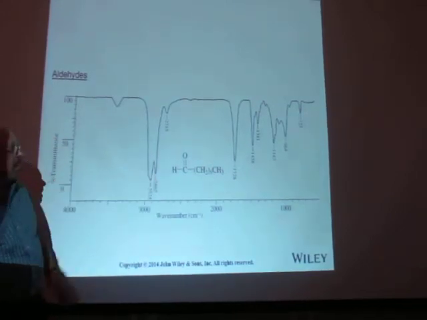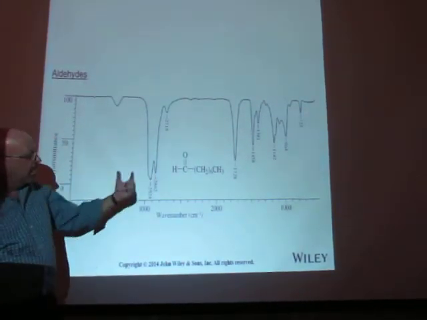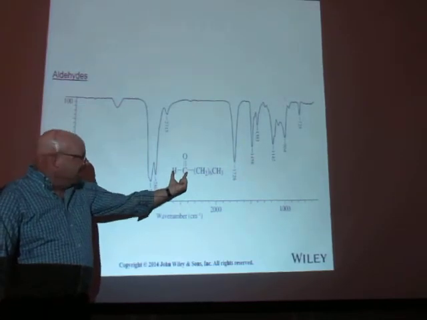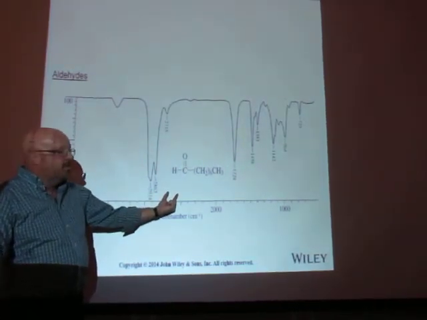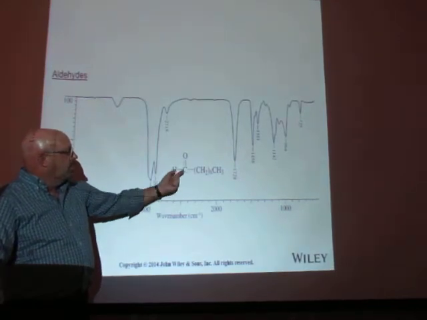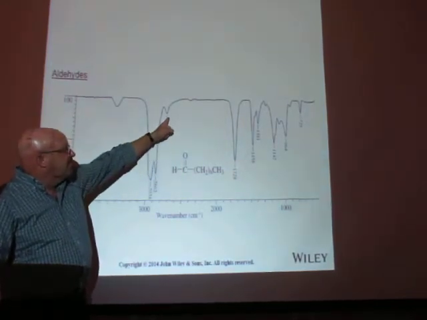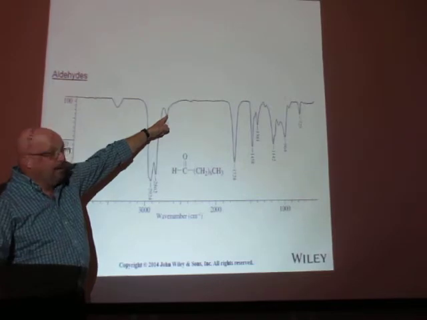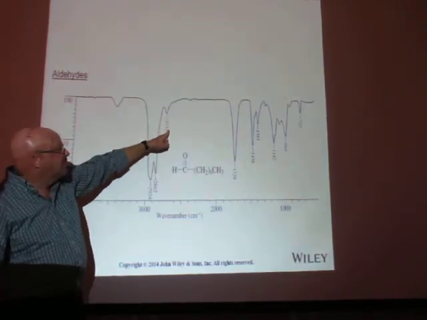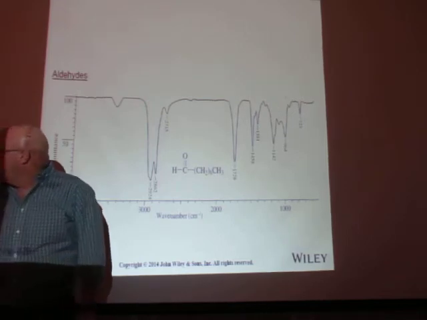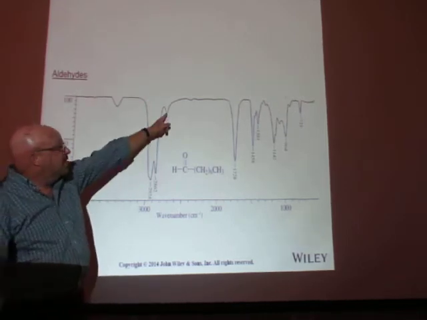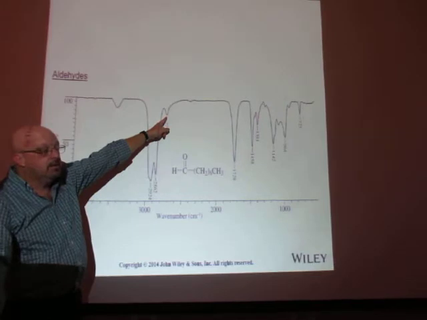That's giving those peaks right below 3000. The CH of the aldehyde, that's even lower than the sp3 CH stretching. That's this 1715 right there. So we had said 2700 to 2830. That's the CH of the aldehyde.